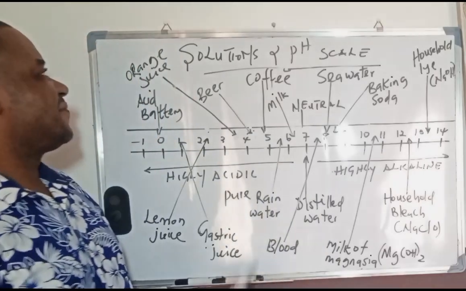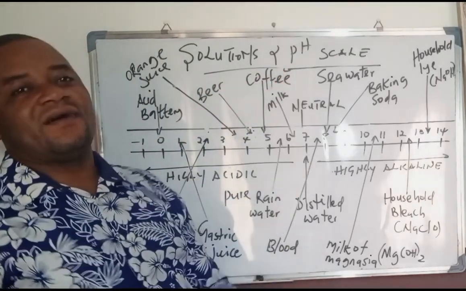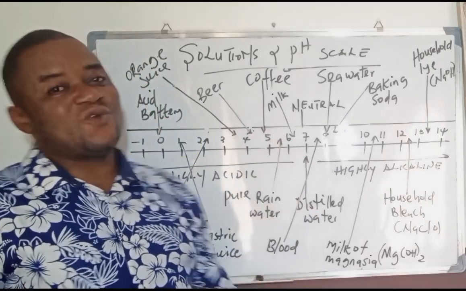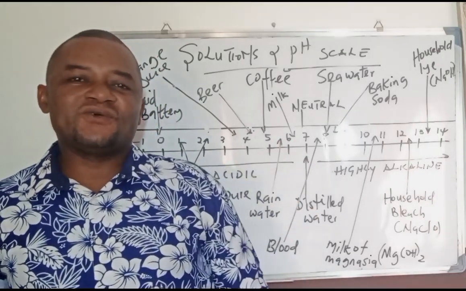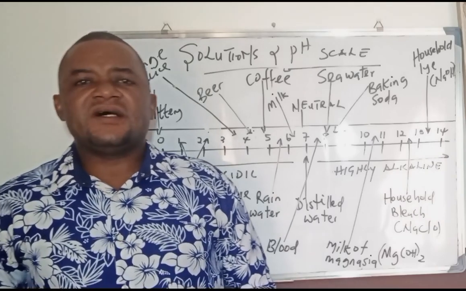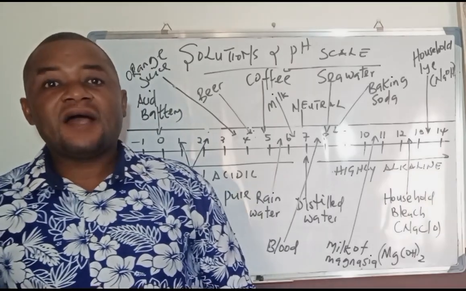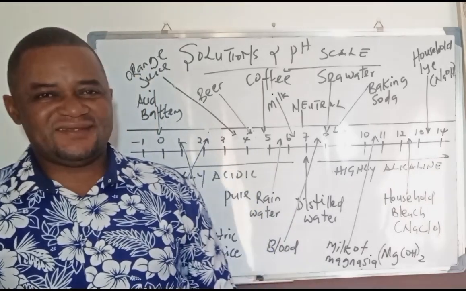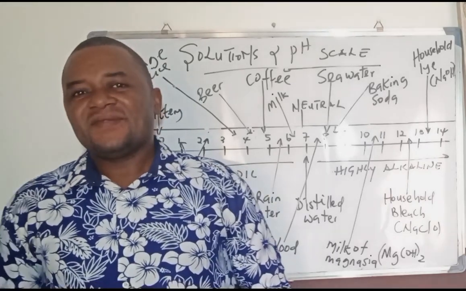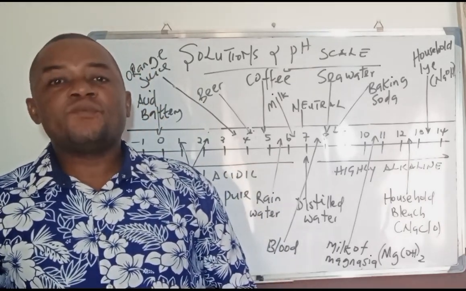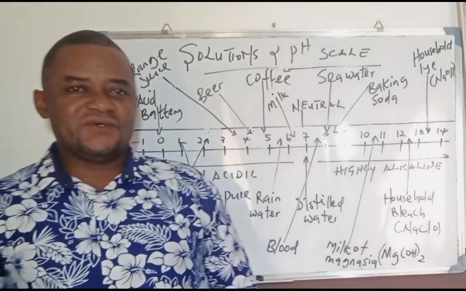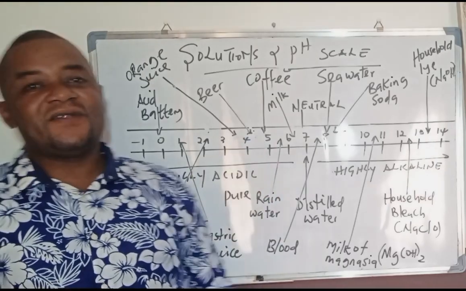We are going to be looking at solutions and the pH scale. But of what importance is this topic? It's important because there are a lot of things we do in life that are detrimental to our health and harmful to our lives as a whole, because we do not understand where most of these solutions, especially the ones that we consume, belong as far as the pH scale is concerned.